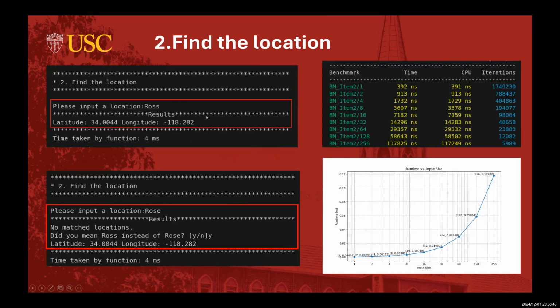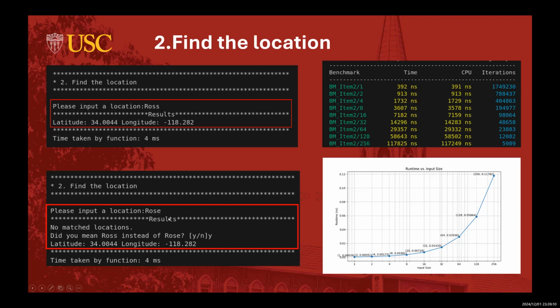And then the second function is find the locations. In this function, we input the location name and output the coordinates of the location. In the first example, we input rows and it will return the latitude and the longitude of rows. But if we input the wrong location, the program will remind the user.